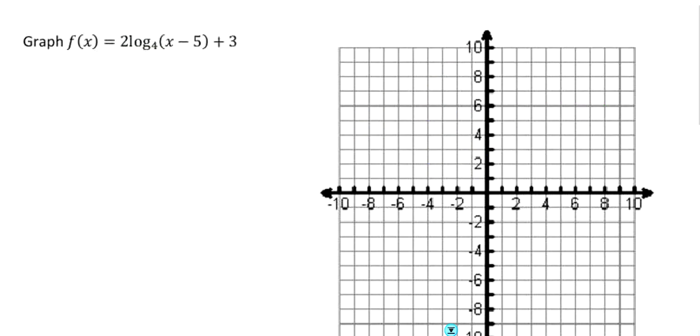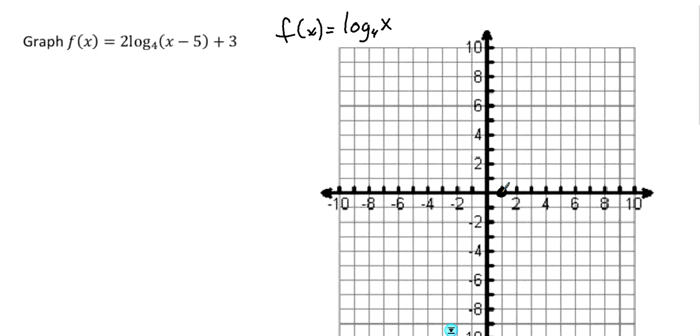Now, the third one is our logarithm. So this one is a little different. We're going to start with the parent function. The parent function for this one is f of x equals log base 4 of x. Since it is the inverse of the exponential, instead of having the point 0, 1, it will have the point 1, 0.